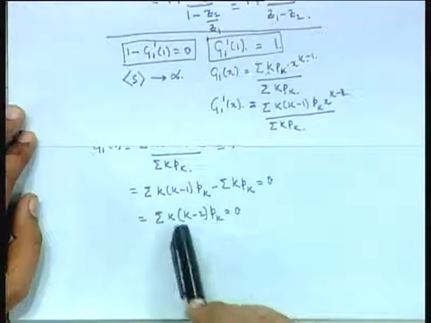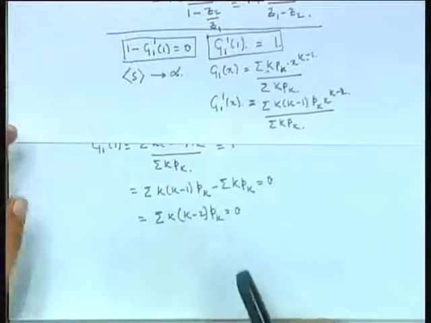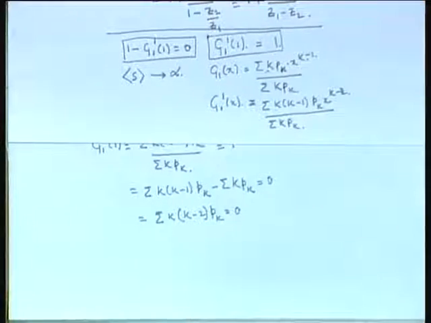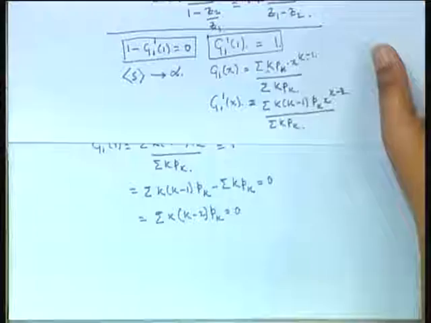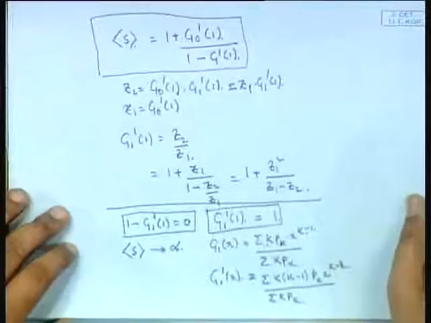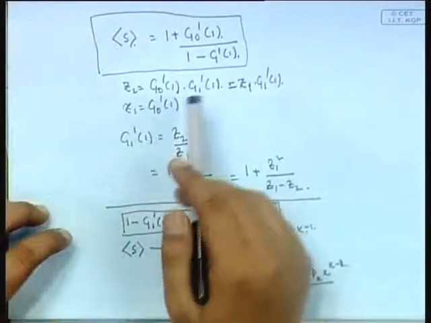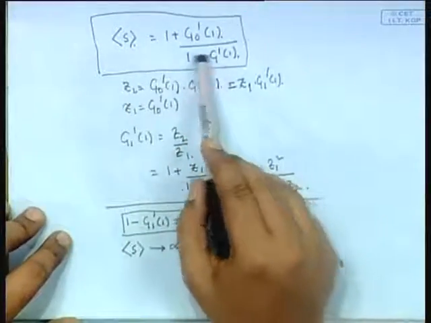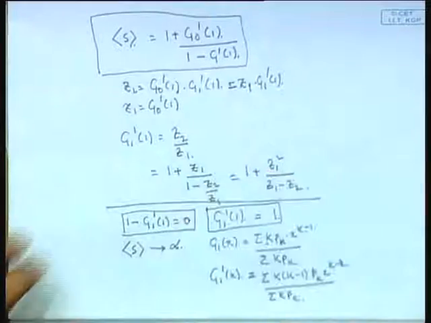What we can say from this equation is that if there are no 0 degree nodes and 1 degree nodes, then there will be a giant component. This much we can say. Okay. So, I come back to this equation once more and clear some of the things. So, what will happen if this becomes negative?